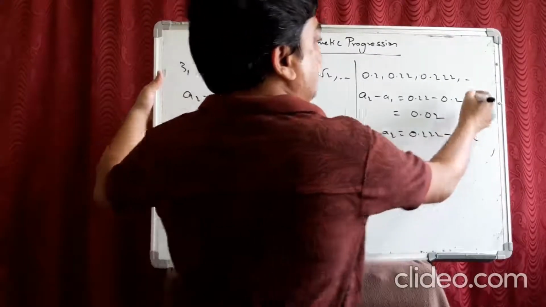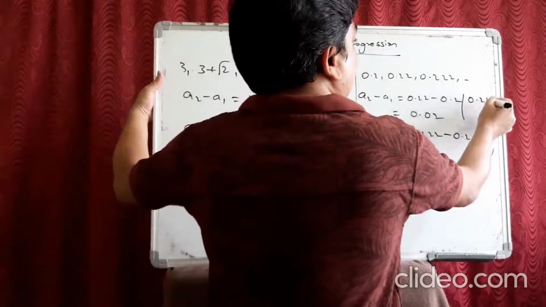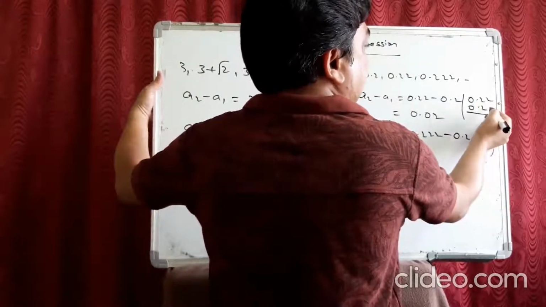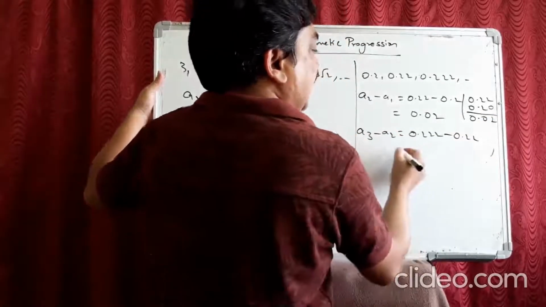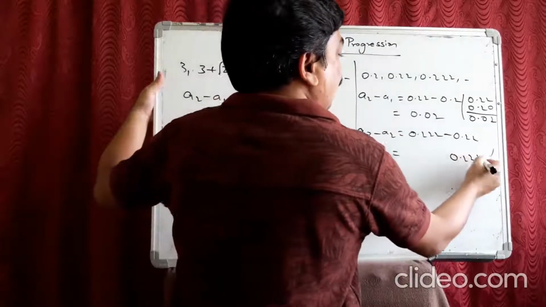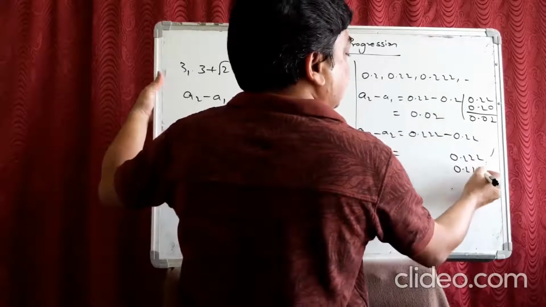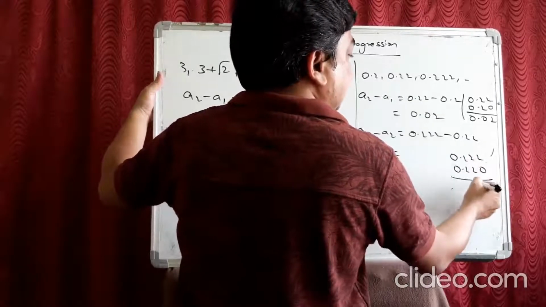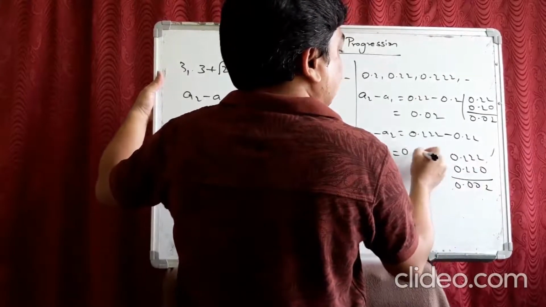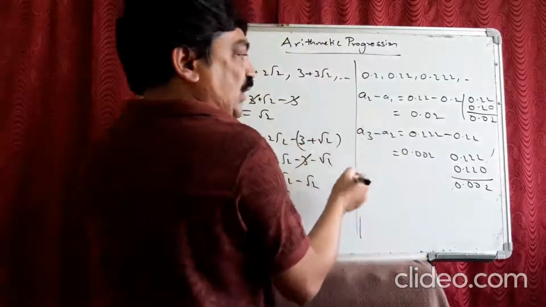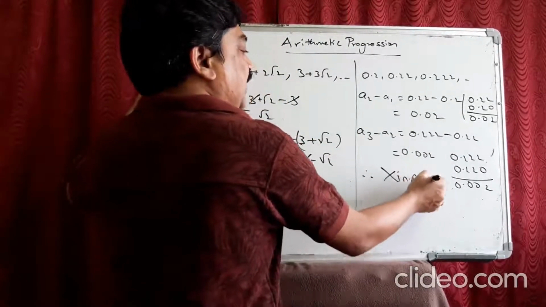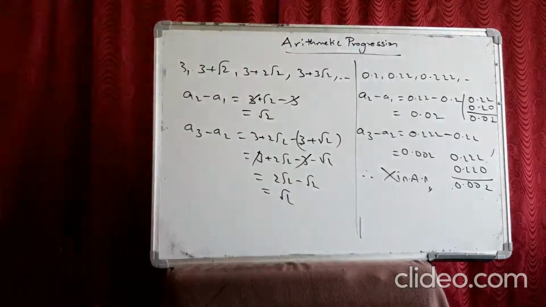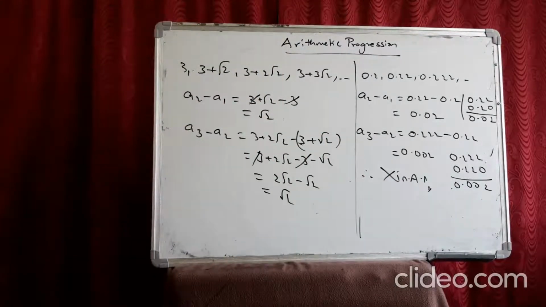You know how to do this? When there is nothing, we put 0 there. If you are not able to do it, then do it like this. Nothing wrong in doing it like this. It is 0.002, which is not equal. So this is not in AP. Okay? Next one.